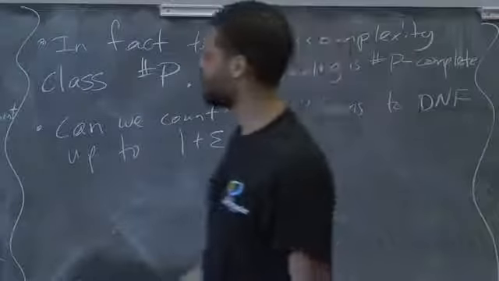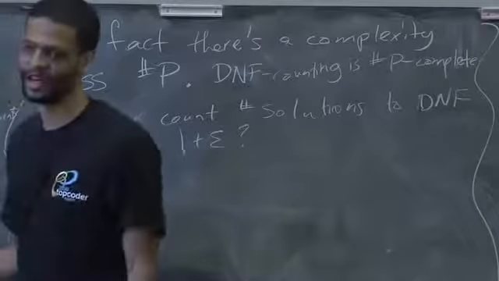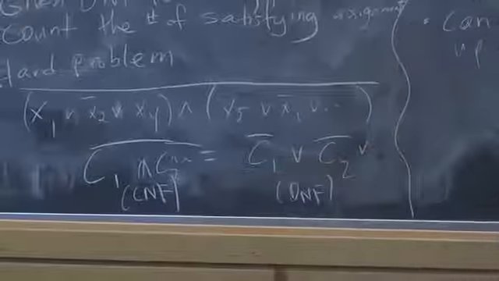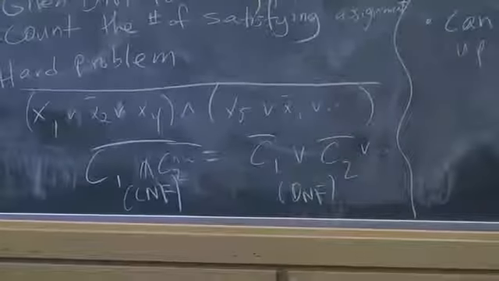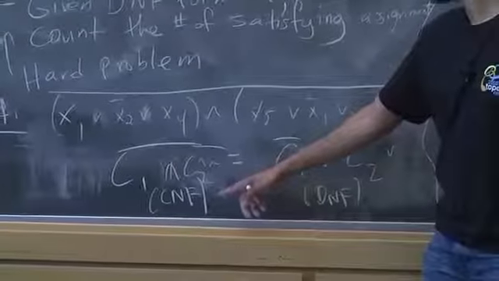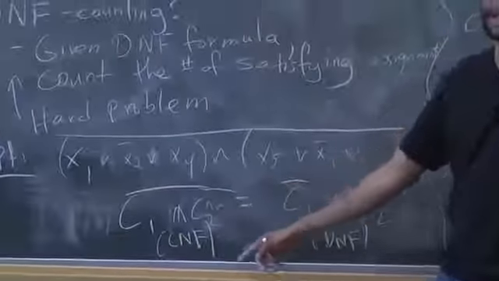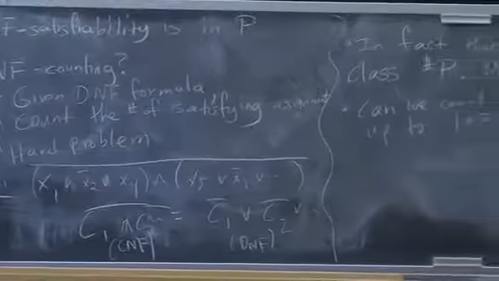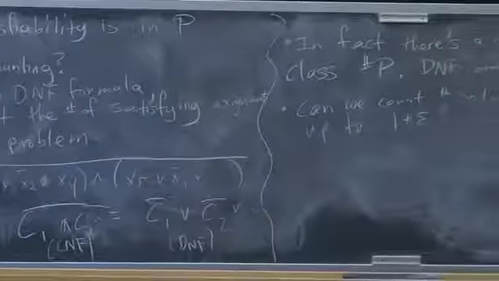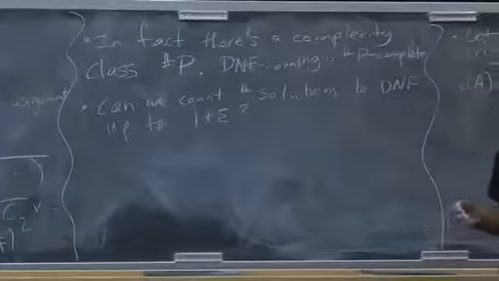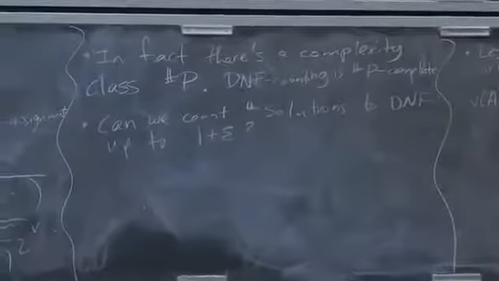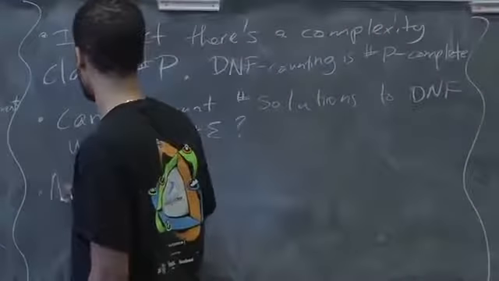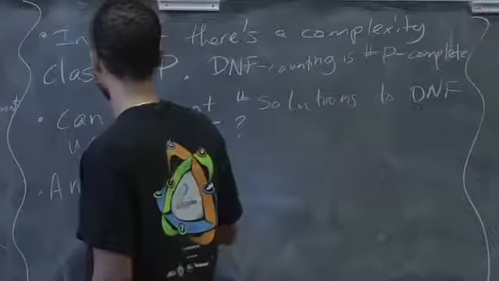The proof that counting DNF was hard really relied on the exact count, right? We said that basically, if we could tell whether the number of solutions to the CNF is 0 or not, then we would have solved SAT. But if there's some multiplicative error here, then we can't distinguish 0 from non-zero. Okay. So, and the answer to this question is yes, we can.